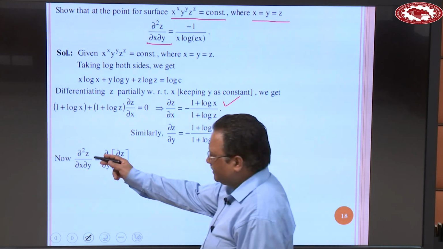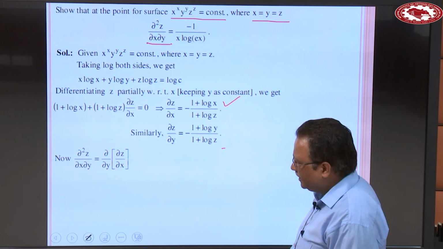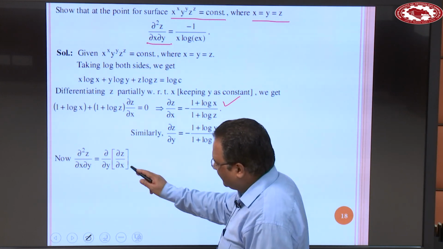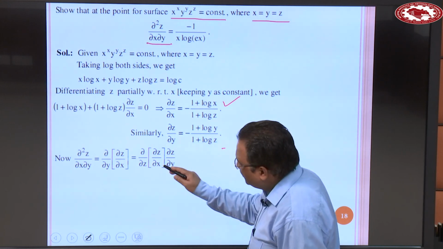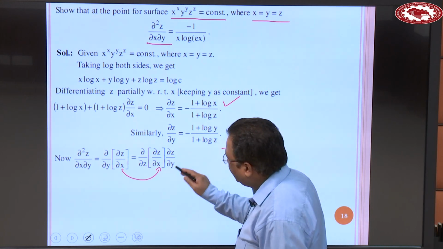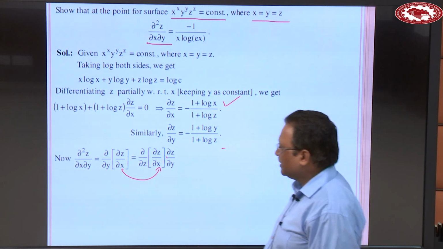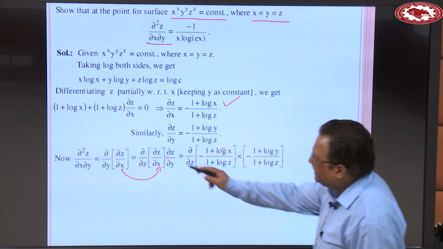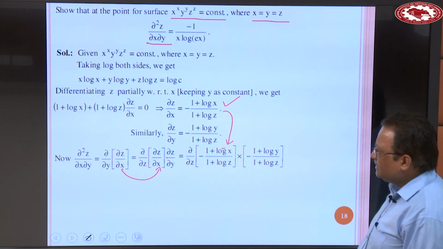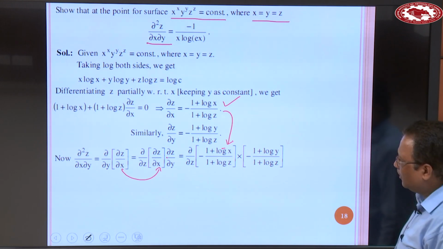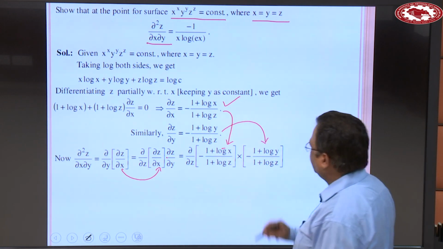We can represent this partial differential coefficient as ∂/∂y of ∂z/∂x. Now, this expression can be written as ∂/∂z of ∂z/∂x as it is, into ∂z/∂y. Substitute the value of ∂z/∂x, minus (1 plus log x) over (1 plus log z), and ∂z/∂y, this multiplication.